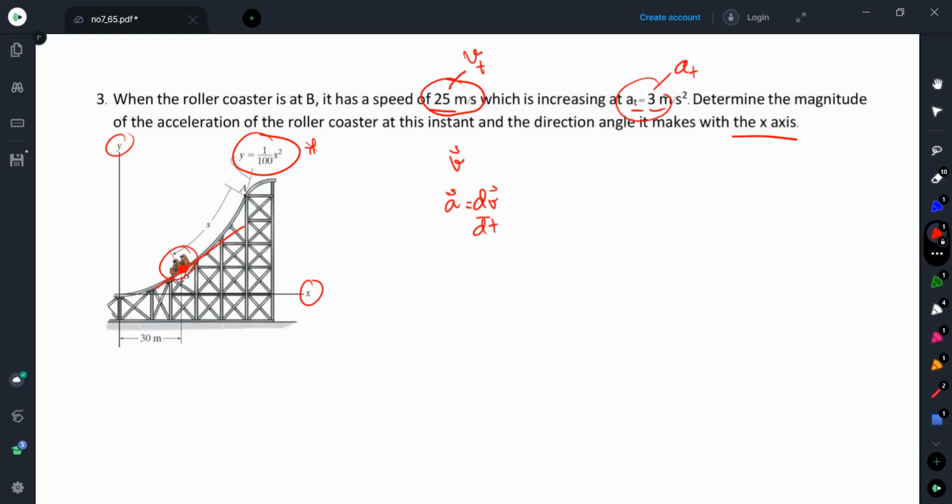Actually we can find it, but now we don't know. So it's better to solve this problem in the normal and tangential coordinate system, and after that we may convert it to X and Y coordinates again if we would like to.